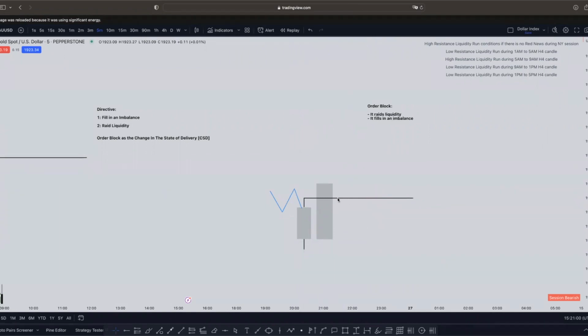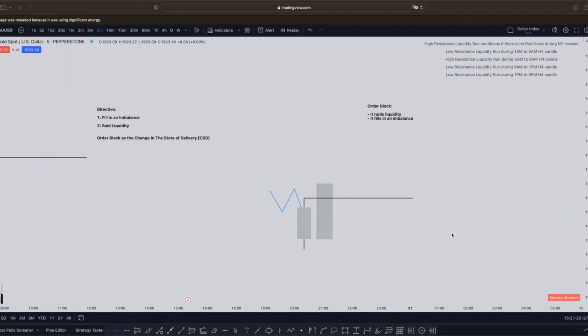We should start it from there. That is a CSD, a change in state of delivery from an order block's perspective. In the next few videos, we'll look at a change in state of delivery from the perspective of a breaker, mitigation, and basically the entire PDRA matrix.